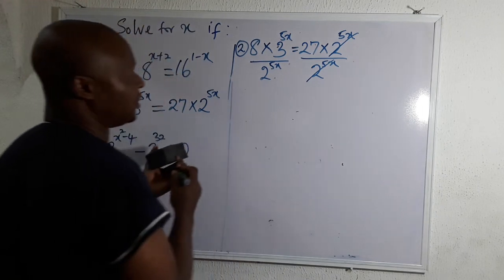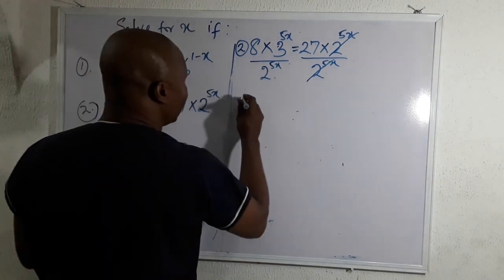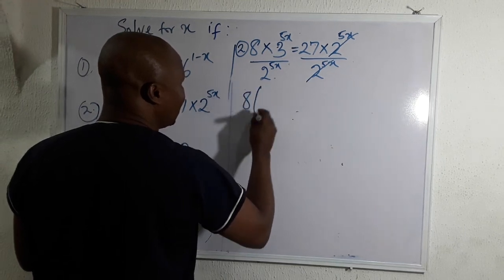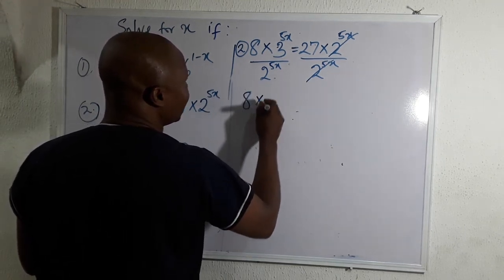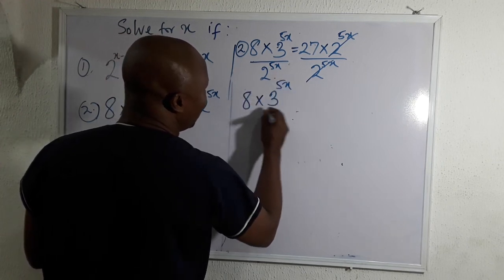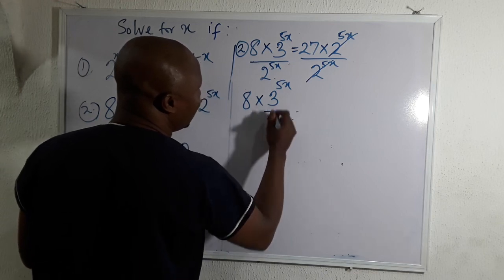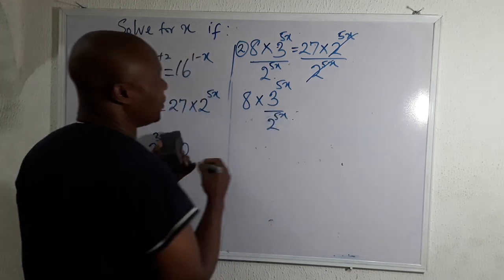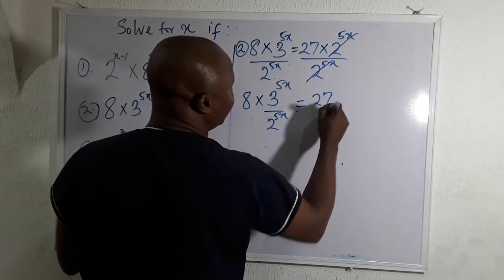So what we have here can be written as 8 times 3 raised to power 5x over 2 raised to power 5x is equal to, what we have left here is 27.